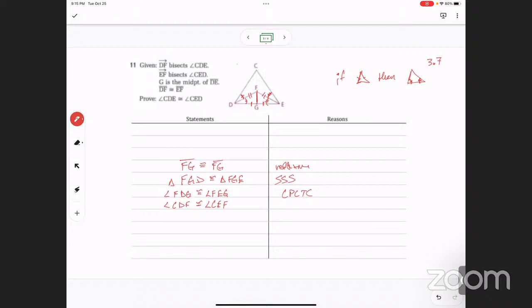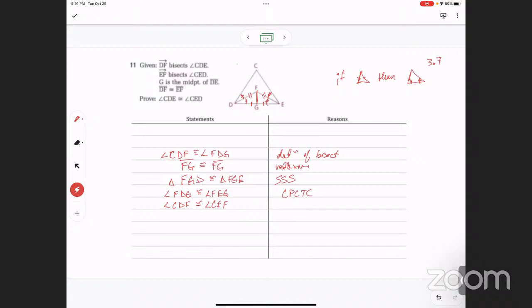Because earlier you would have said that angle CDF is congruent to angle FDG. And that's the definition of bisect. And so now, let's see, can we use substitution?